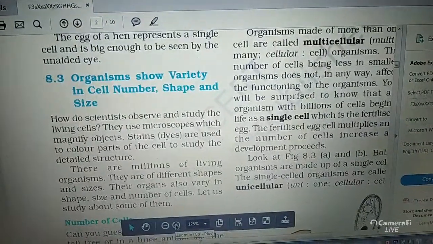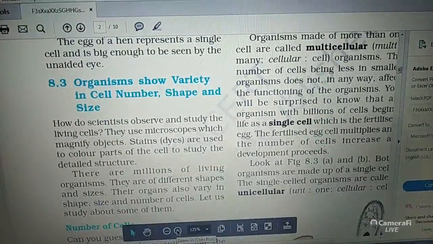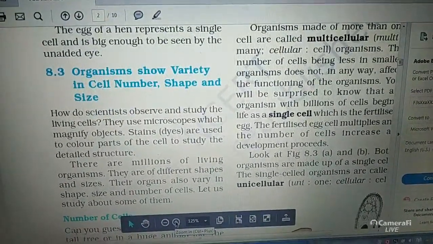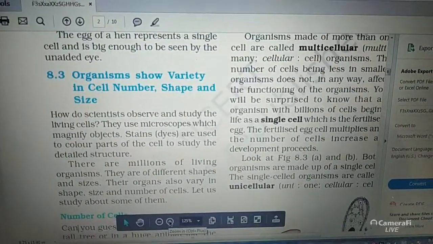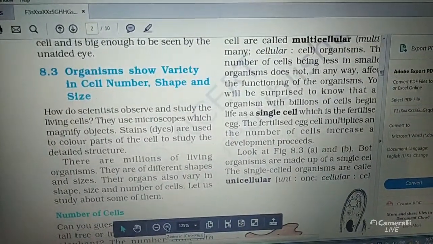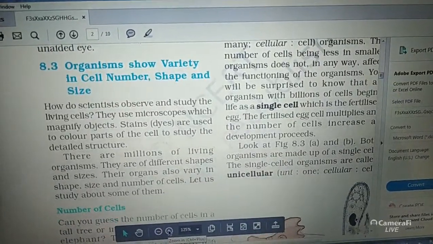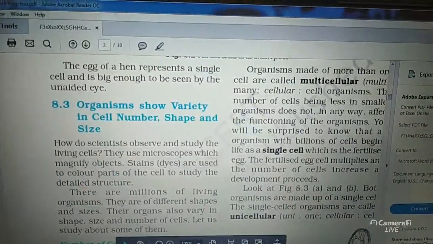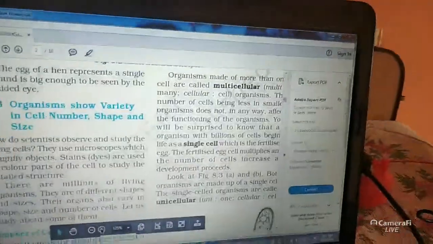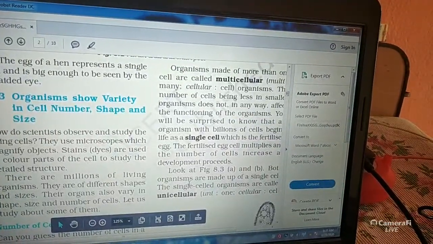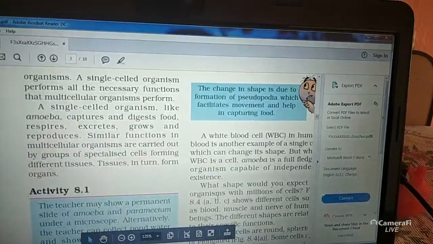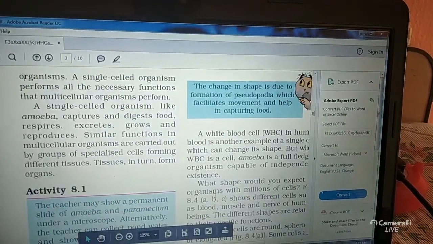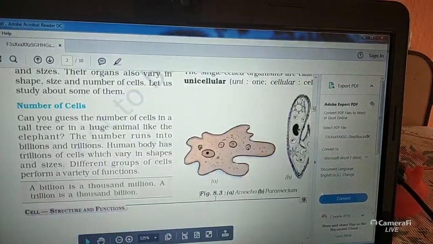I have told you that multicellular organisms are those made up of more than one cell. And unicellular organisms you have seen in class 7, the feeding mechanism of amoeba.